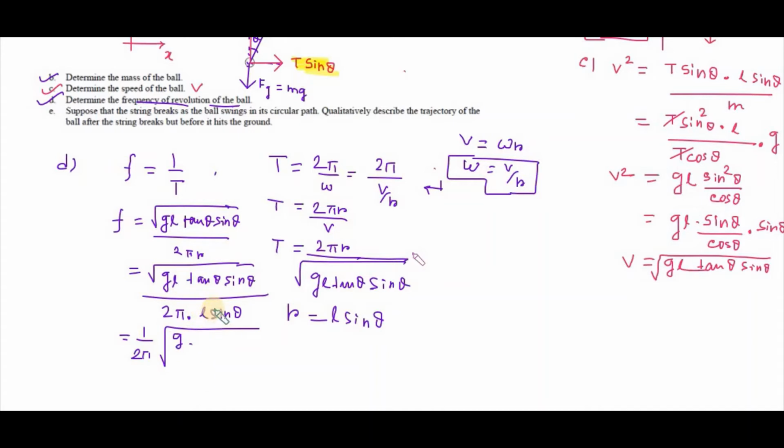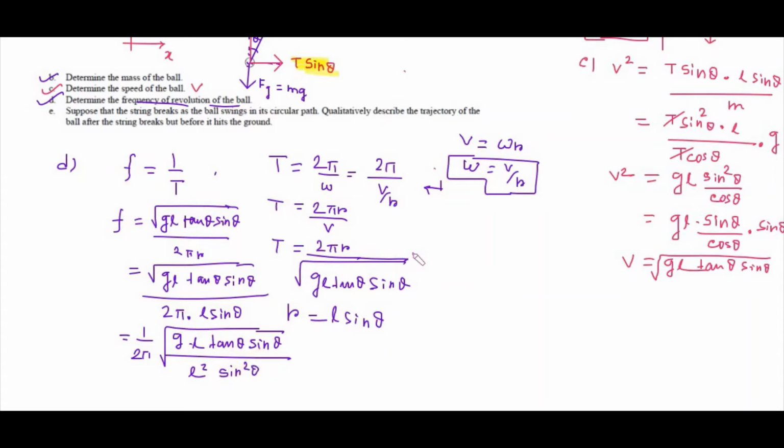Now L sine theta, if it goes inside of the root, it becomes g into L into tan theta into sine theta upon L square sine square theta.